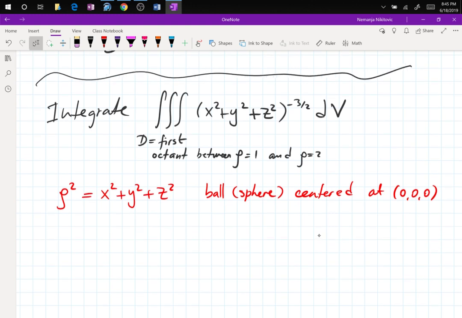The integrand. So I am working in the first octant, and all I worry about is this shell that we are getting from 1 to 2.